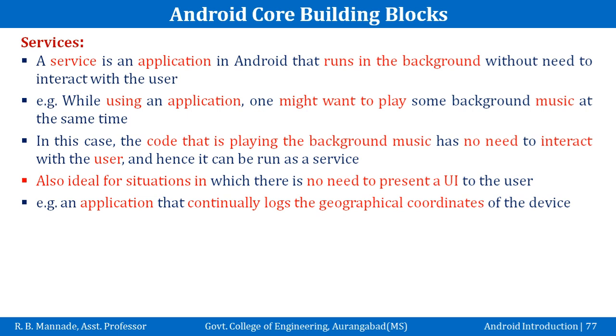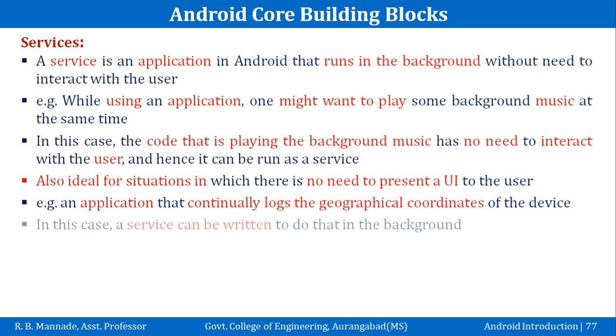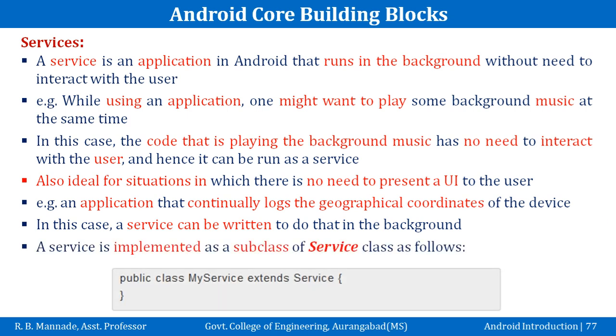That is why such applications don't require user interfaces, and such requirements can be implemented in the form of Android services. In this particular example, a service can be written that does the work of recording the geographical coordinates in the background without interfering with or interacting with the user.